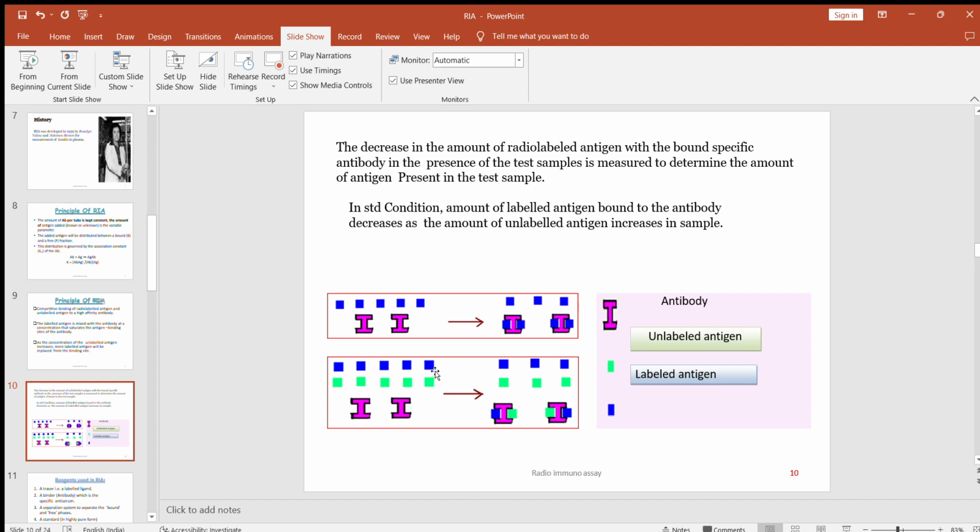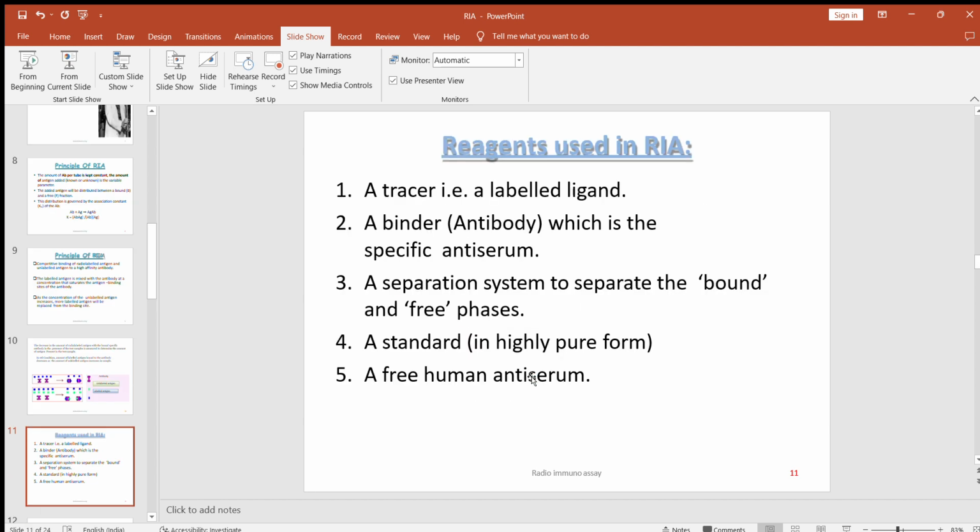The unlabeled antigen replaces the labeled antigen, and as a result, the bound form of the labeled antigen along with the antibody is decreased. So the radioactivity of the labeled antigen is measured in order to detect the amount of unlabeled antigen present in the serum sample. This is the principle involved in the RIA technique.